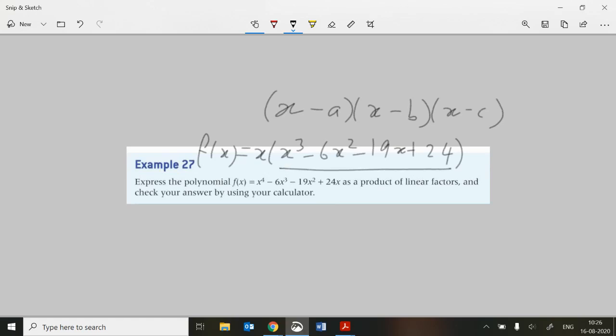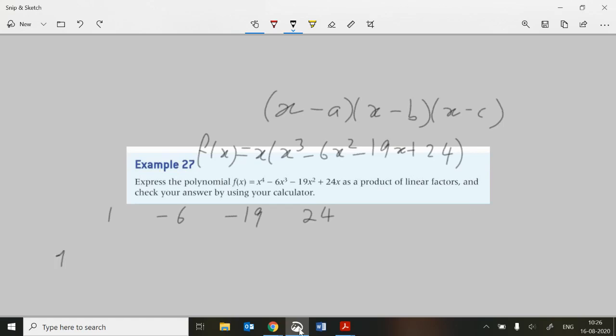So we want to use Horner's algorithm on this. We're saying that's going to be 1, minus 6, minus 19 and plus 24 there. And the factor that we're dividing by here is x minus 1, because we realized that f of 1 gives us a 0.